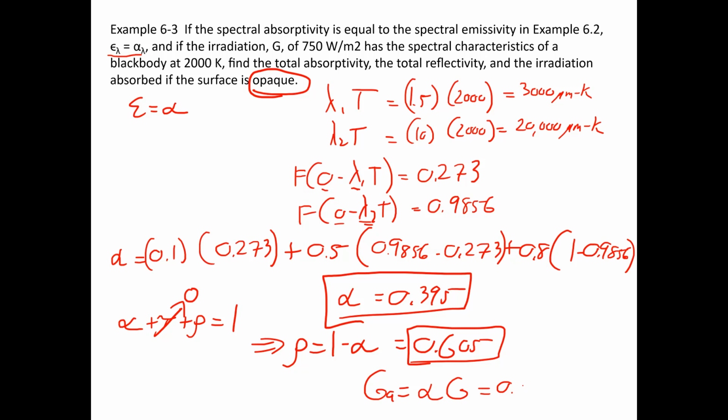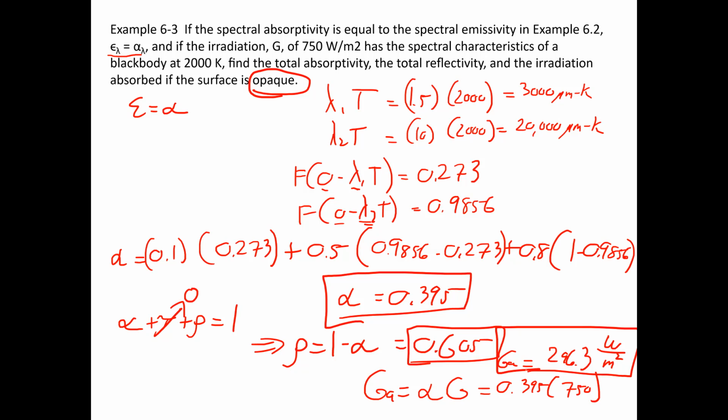So 0.395 multiplied by 750 would give us a total absorbed radiation of about 300 watts per meter squared. Okay, hope that example problem helps clear it up a little bit.